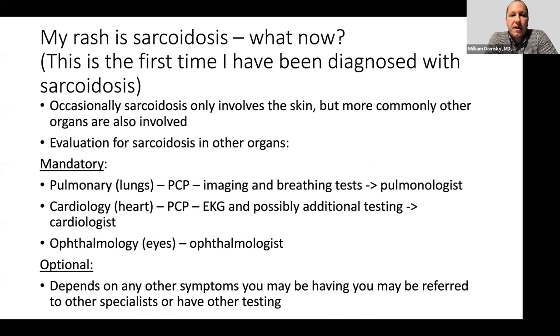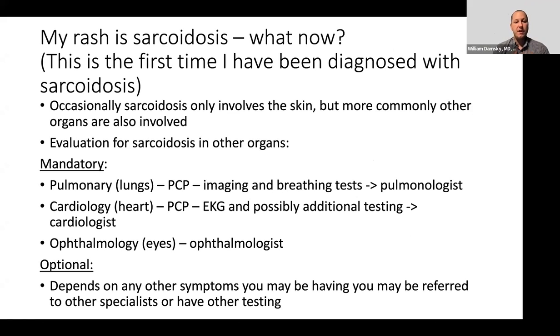So now let's go to this scenario that my rash is sarcoidosis, but this is the first time I've been diagnosed with sarcoidosis. So this is a brand new diagnosis. Occasionally sarcoidosis only involves the skin, but more often than not, other organs are also involved. And so evaluation for sarcoidosis in other organs is really important. And this is something that you can work on with your dermatologist and your primary care provider.